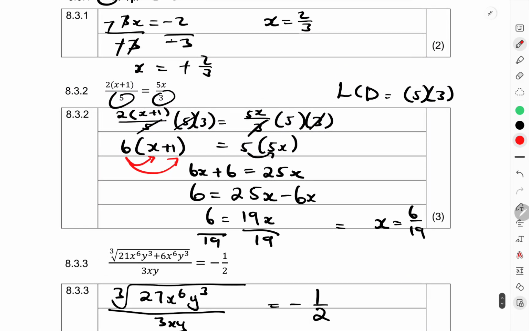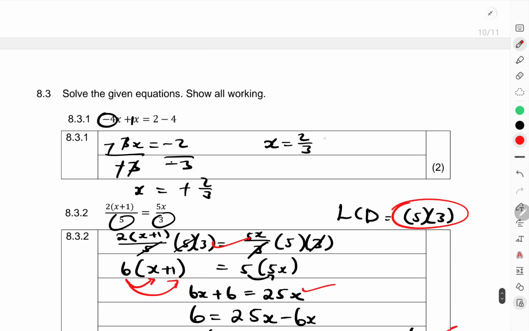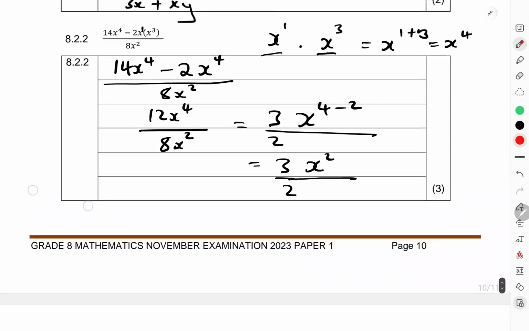Then here we are going to receive 1 mark for the final answer, 1 mark for finding the lowest common denominator. By the way, it's very important, that one. Then we are going to receive 1 mark for being able to group your like terms together. Then here 1 mark for the final answer, 1 mark for being able to divide both sides by 3.